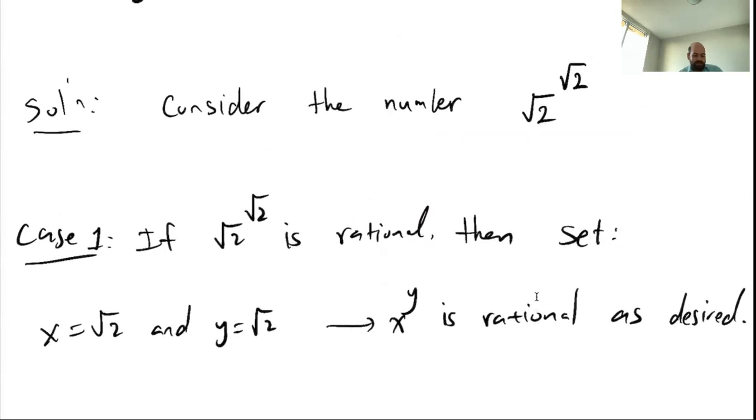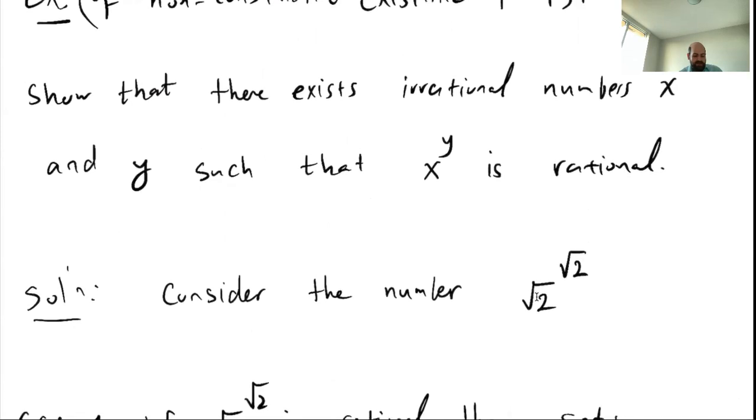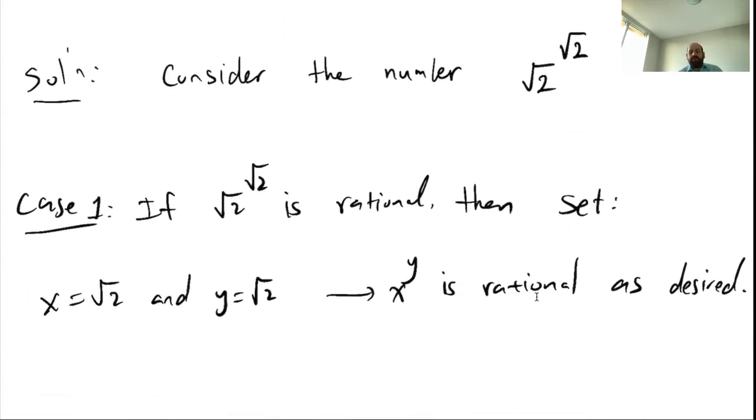Okay, we were looking for irrational numbers x and y, where x to power y is rational. In possibility one, if √2 to power √2 is rational, set both x and y to be √2, then x to power y becomes rational, and that's it.